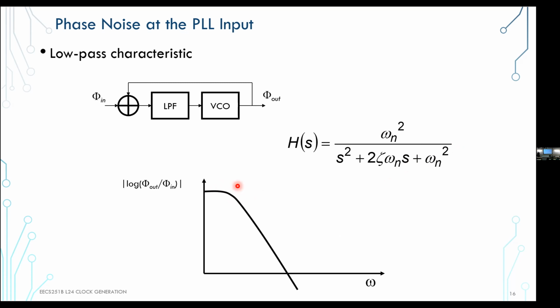That's your design choice, depending how fast a response you want in the system. But inevitably, it's going to be a low pass from the input to the output. Right? So that's the first thing to keep in mind. Whatever input noise you have, the low frequencies are going to just sail right through the PLL. It's not going to do anything to them. But any higher frequency noise at the reference will get low pass filtered.